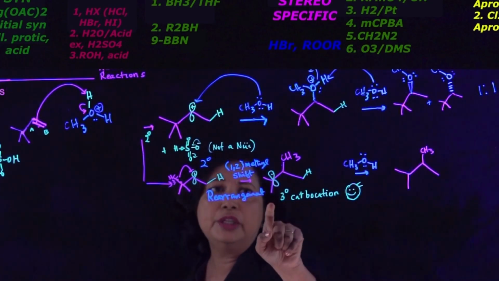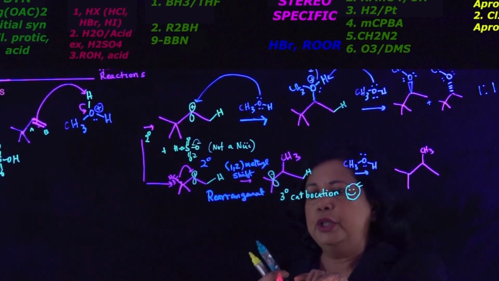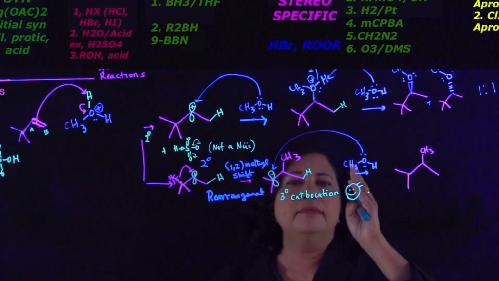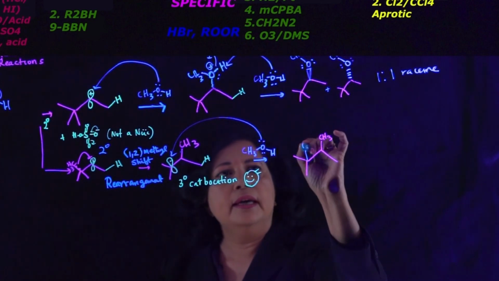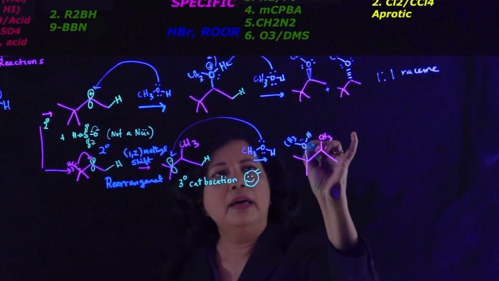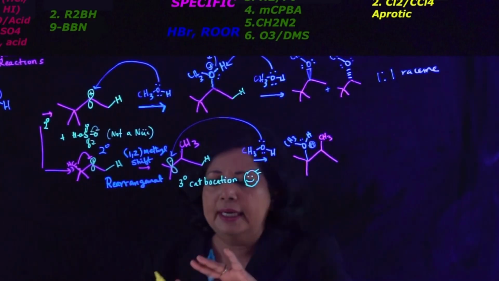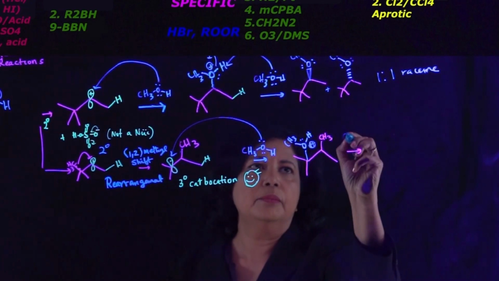So it rearranges and gives you the most stable carbocation, which then again is attacked by the methanol above and below. It really doesn't matter because it's achiral, and you would get an OCH3 that is now positive because it lost a lone pair. And then there's one little hop now to go to your product by deprotonating that methanol.